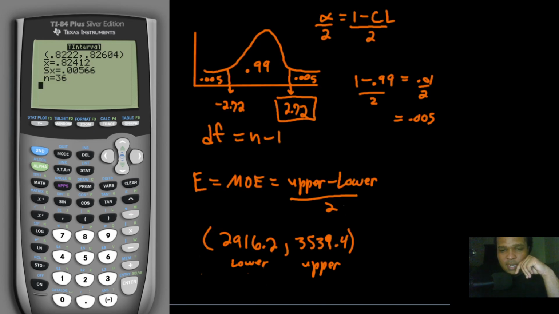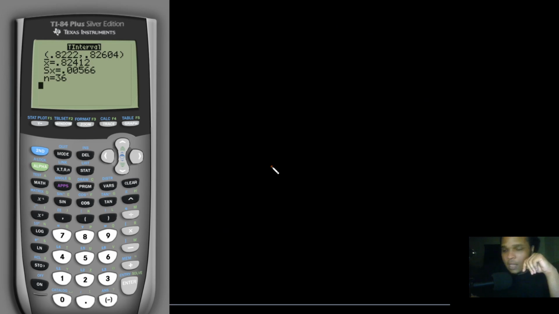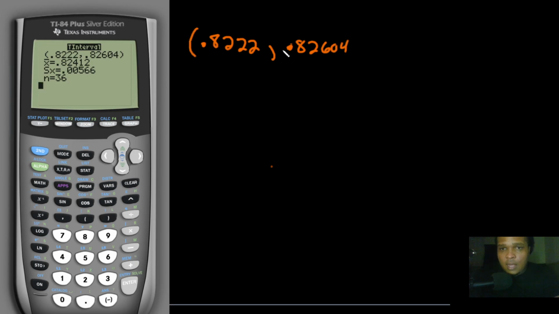Let's wipe this whole thing out and write down that we have, because they're going to ask us to find it anyway, 0.8222, comma, 0.82604. I want to stress again, this is the way the calculator gives it to us. This is our lower, and this is your upper, right?